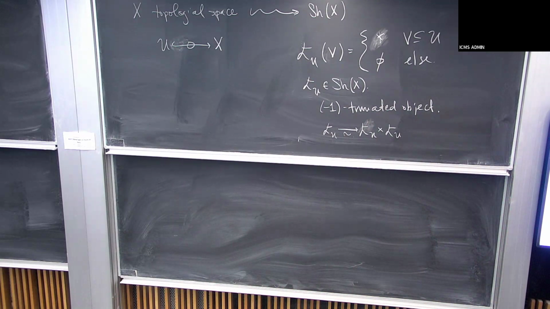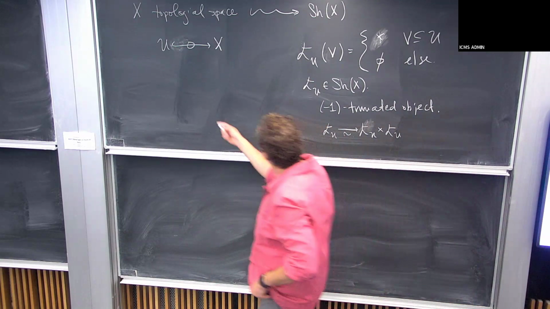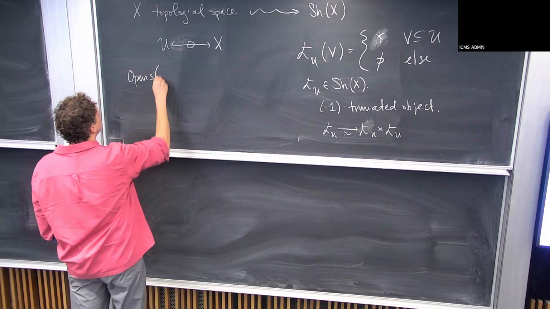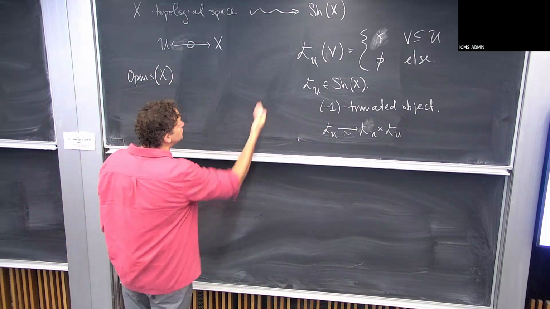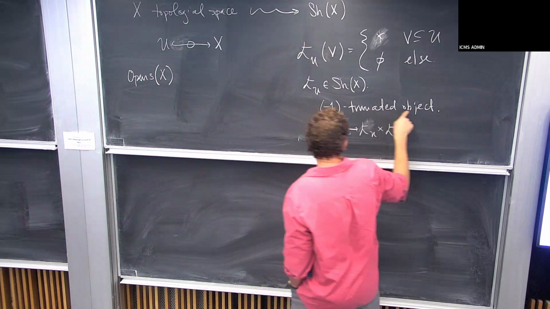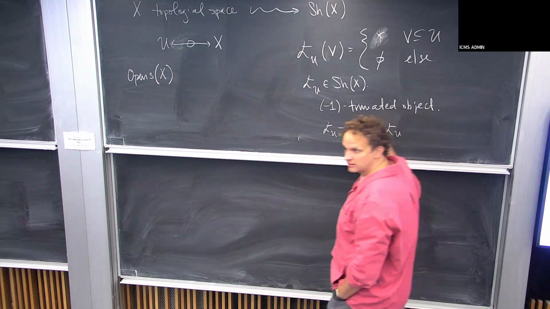So I have some procedure to take the opens of my topological space and produce, well, not all kinds of different sheaves, but the -1 truncated sheaves.